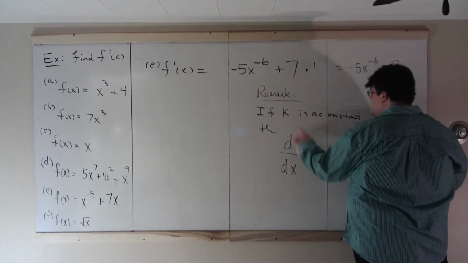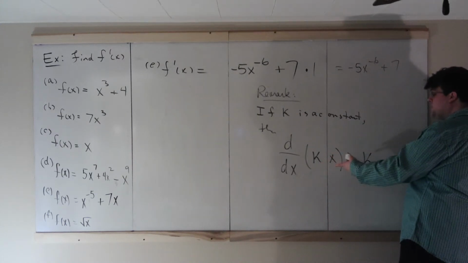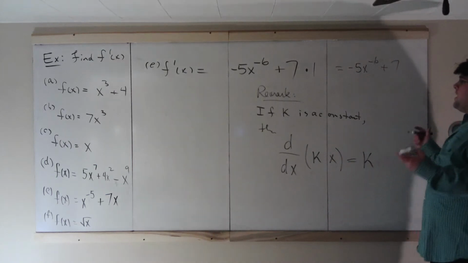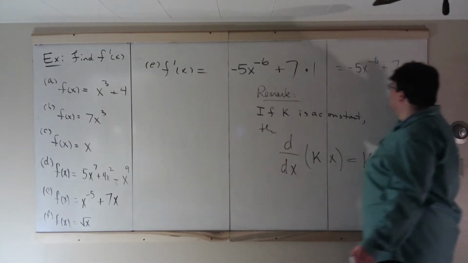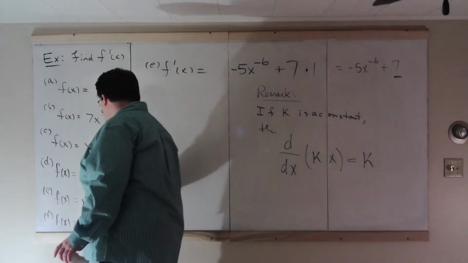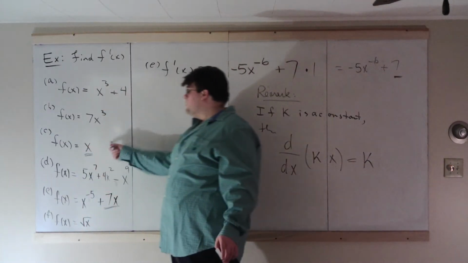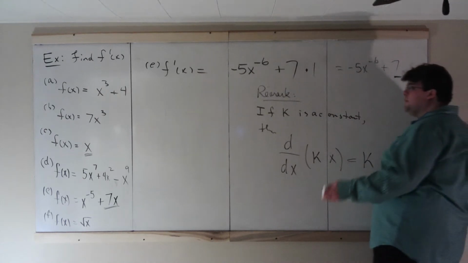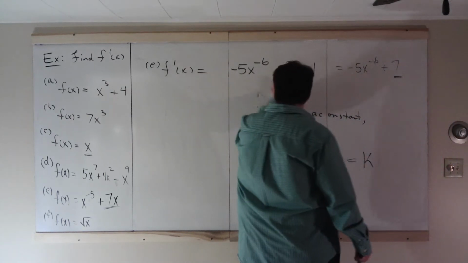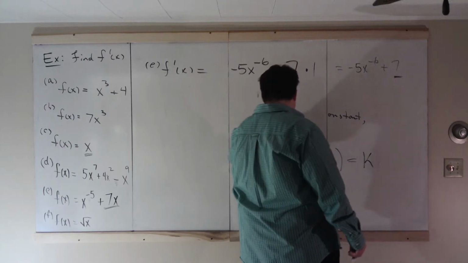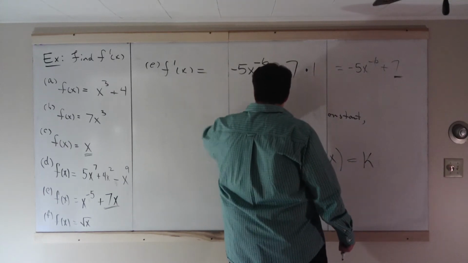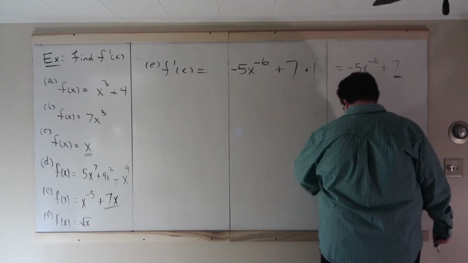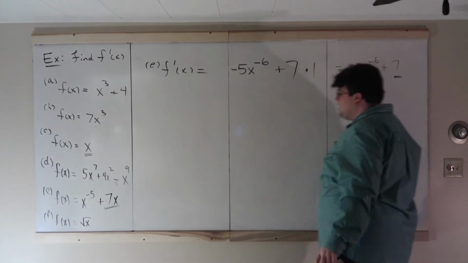So if k is a constant, derivative with respect to x of k times x is just k. And we saw that here. And we also saw that here. And a proof of this remark is by the power rule, because the derivative of x to the first is 1x to the 0, which is just 1. So that's a convenient observation, which it'll show up enough times that you definitely get used to it.